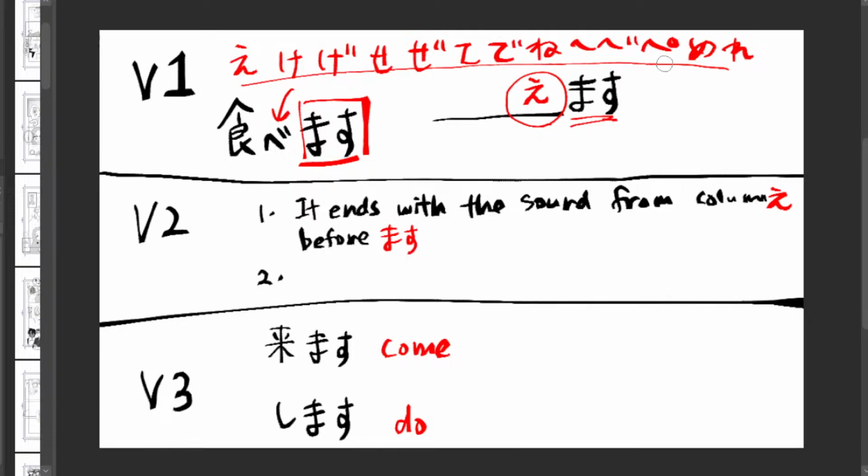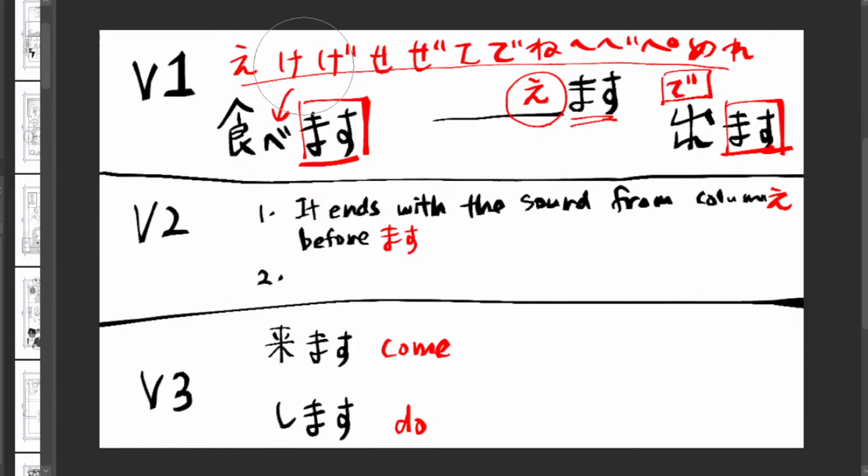Another one: demasu. I'm using kanji here, but it's demasu. Before the masu sound it ends with de, which belongs to the column E. So this is V2. This is the first characteristic.